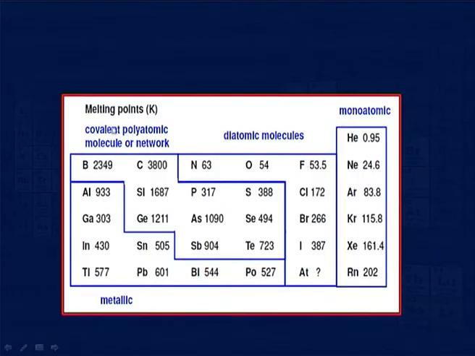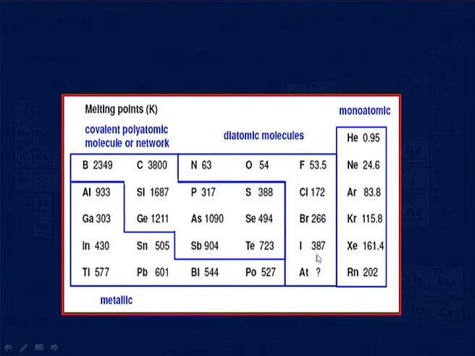This is the pattern of melting points seen for the p block elements from the 13th group to the 17th group. This is the 17th group, and this portion represents the metals from aluminum to polonium in this corner. These are the metalloids from boron to tellurium, and these are the non-metals from nitrogen to astatine.